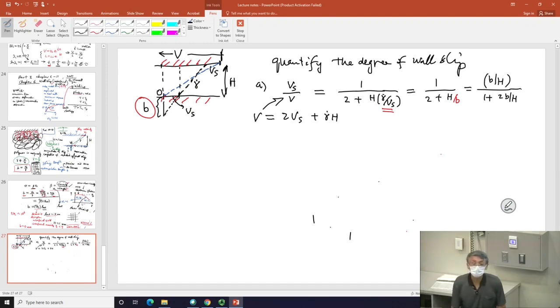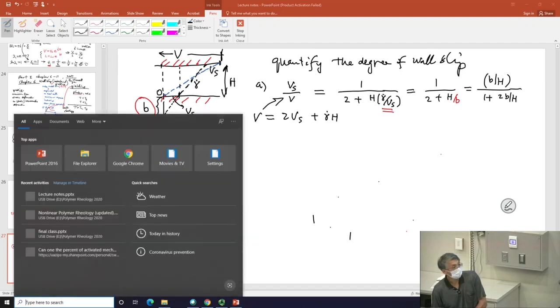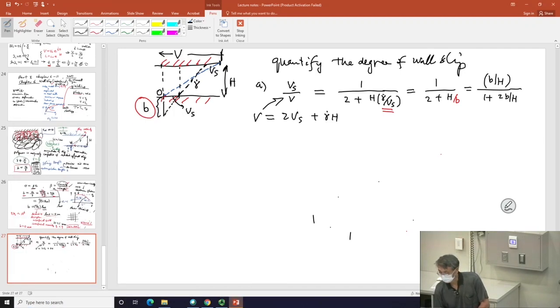Oops, isn't that what I was trying to tell you, that the ratio of B over H is a measure of degree of slip, and I claim that this ratio is also a measure of degree of slip, and obviously they are interrelated in this explicit manner, such that this approaches 1 over B over H. Did I say 1? 1/2, because it's symmetric.